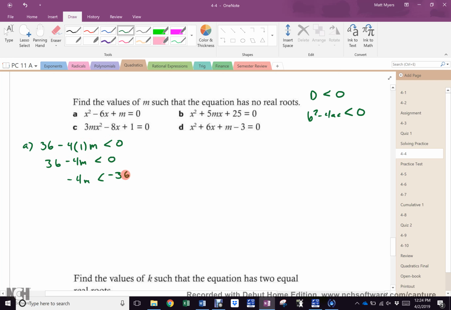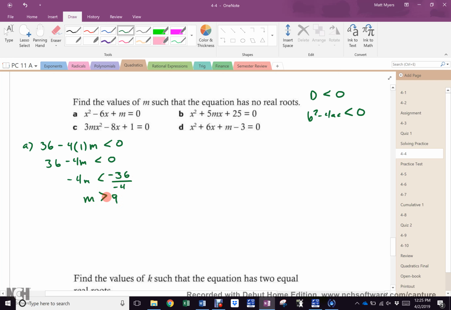Now, who remembers the 9th grade? What do I got to do now? Divide by what? So what's negative 36 divided by negative 4? 9. What happens to that sign when I divide by a negative? It flips. M has to be greater than 9.